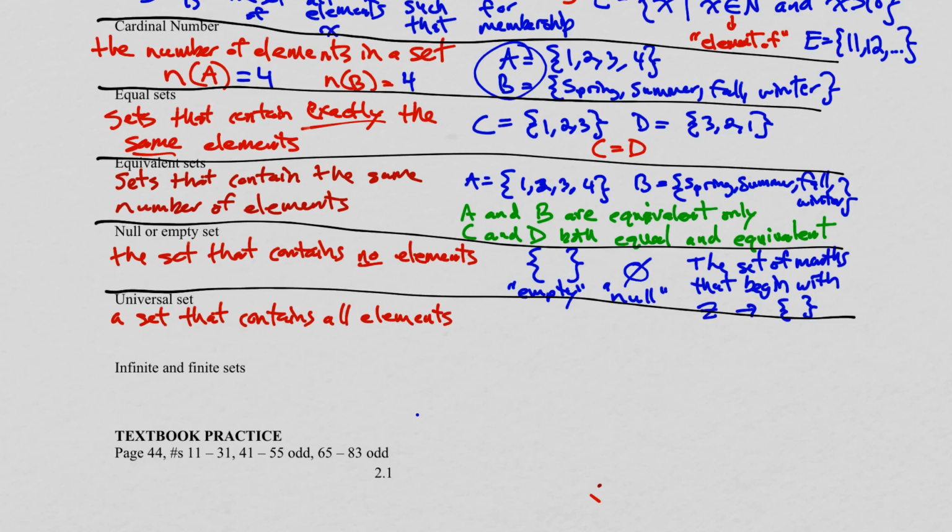So for example, if I said, hey, let's pick a number from 1 to 100, I just defined the set from being 1 to 100.